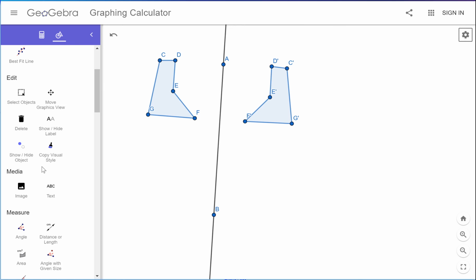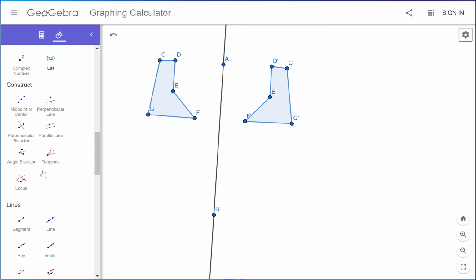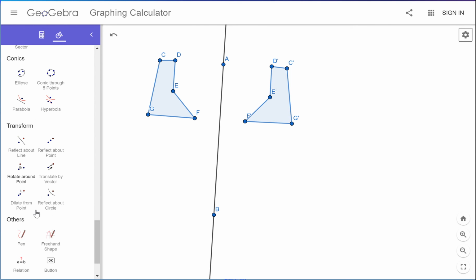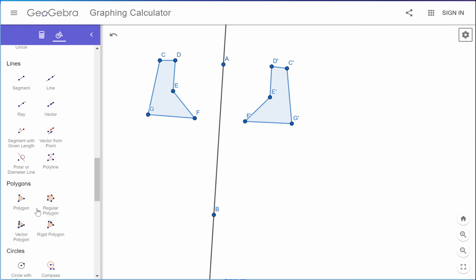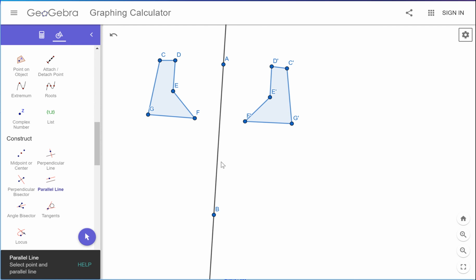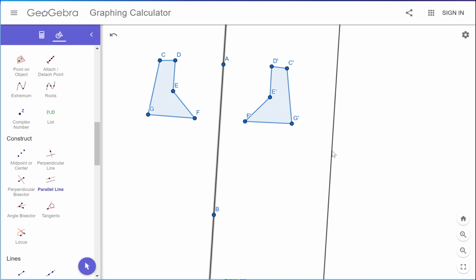So now what I need to do here is I'm going to create a parallel line to line AB. I must have passed up that tool. There's parallel line. Parallel line from there over here. So there's our parallel line.